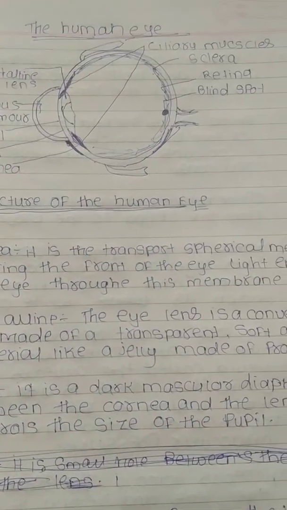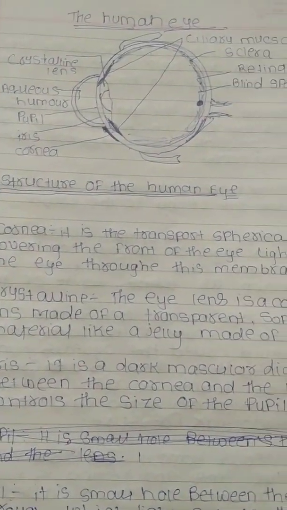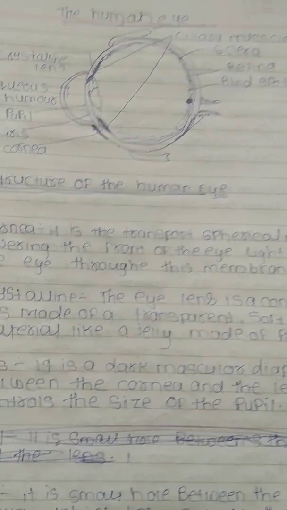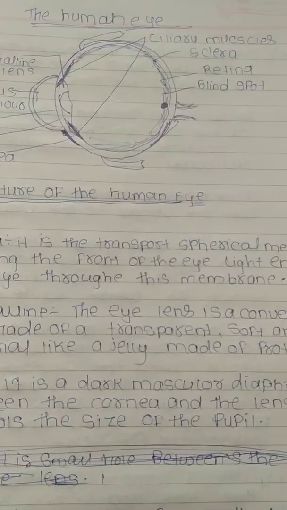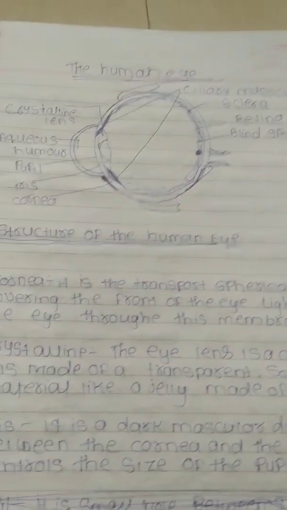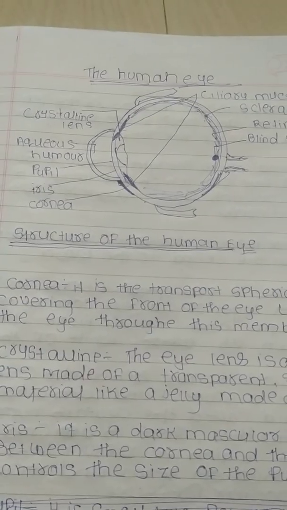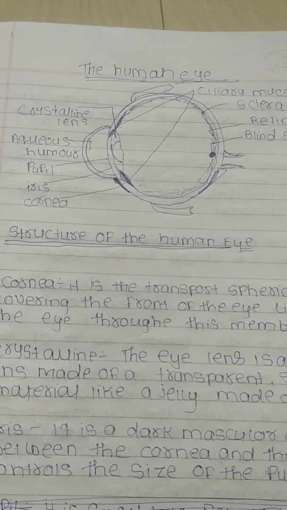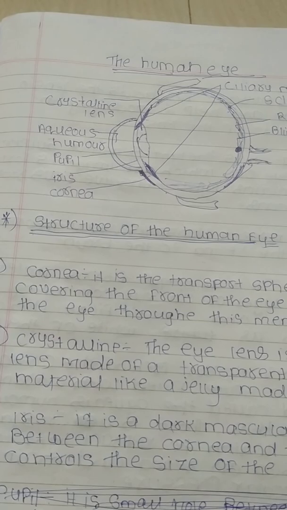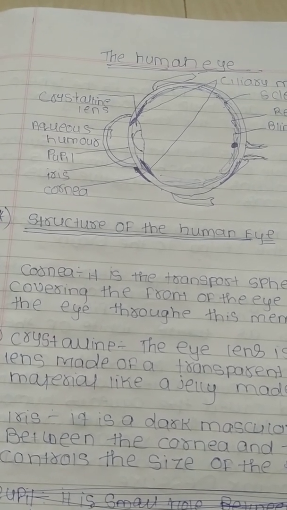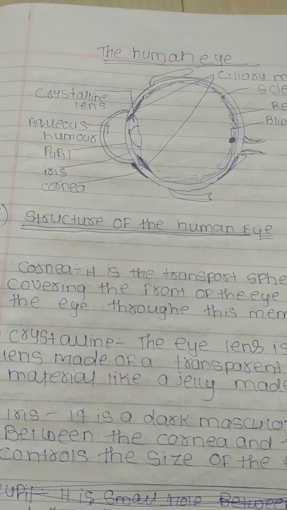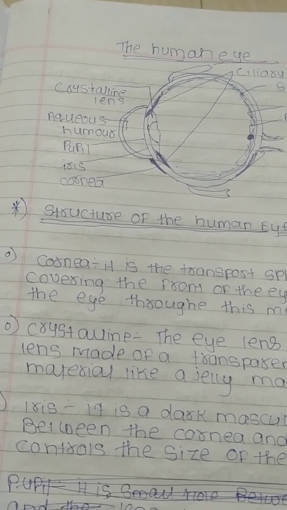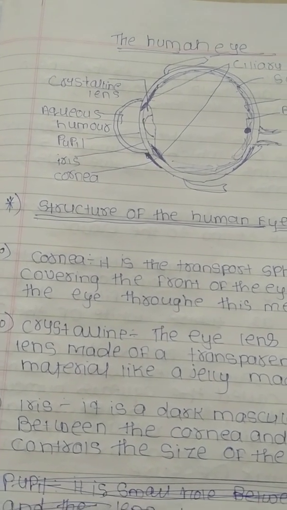It is the transparent spherical membrane covering the front of the eye. Light enters the eye through this membrane. So what is written here is that the light which enters through the eye, this function is done by the cornea.